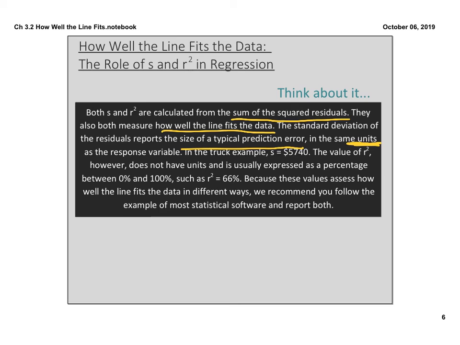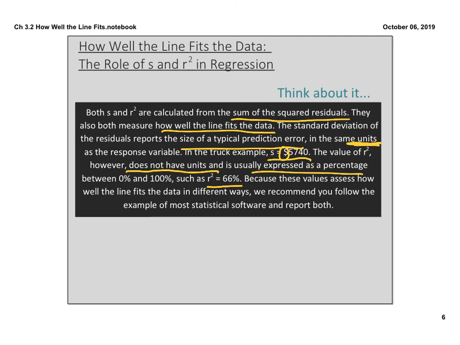It doesn't have units. So for example, in the truck example, you got an S value of 5,740. That label was dollars because you're in the same units as the Y, and the Y was measuring dollars. Then it says the value of R squared, however, does not have units, and it's typically expressed as a percentage, such as R squared was 66%.